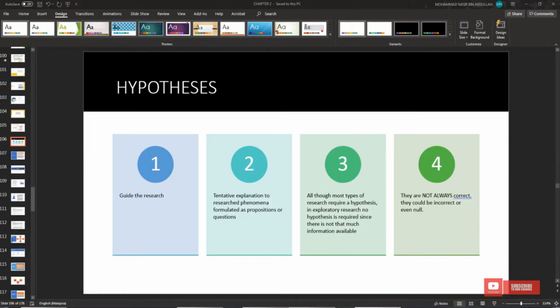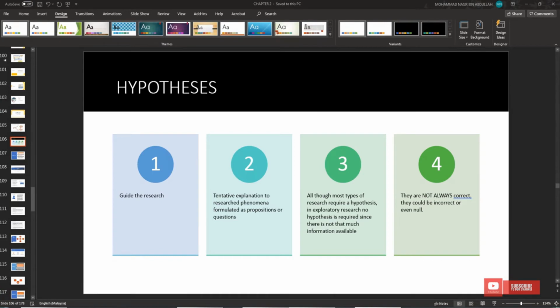So hypothesis is a guide of research, right? It is a tentative explanation of a research phenomenon, formulated as a proposition or question. Although most types of research require a hypothesis, in exploratory research no hypotheses are required, since not much information is available.